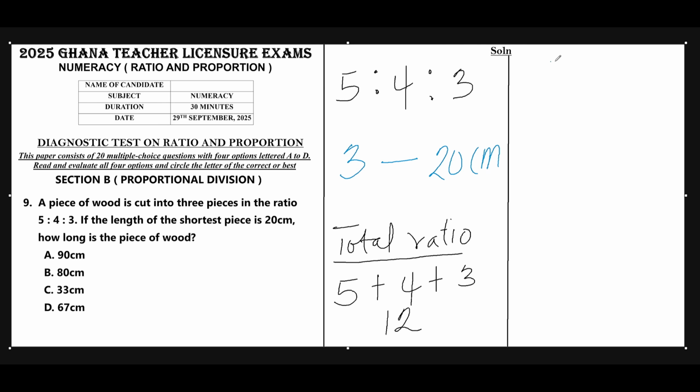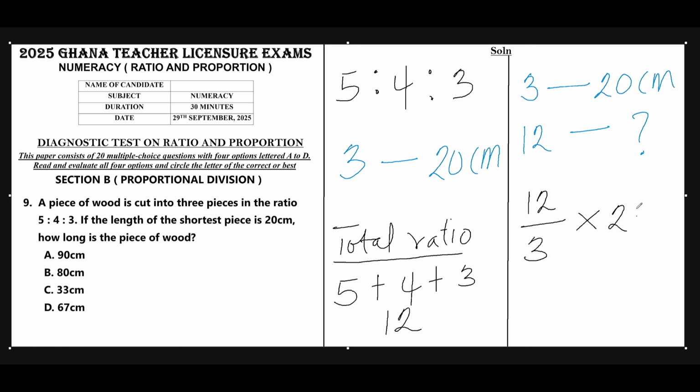So if the smallest ratio, which is 3, is giving us the length of the shortest piece, then the total ratio, which is 12, must also correspond to a particular length measured in centimeters. So to calculate that, we have the total ratio, which is 12, divided by 3, multiplied by 20 centimeters.